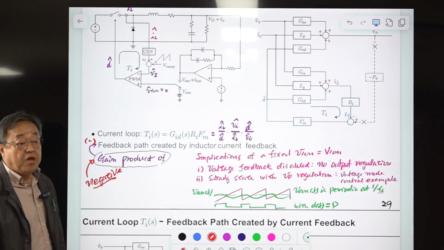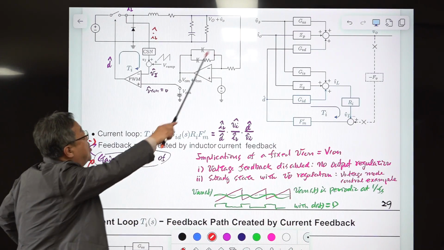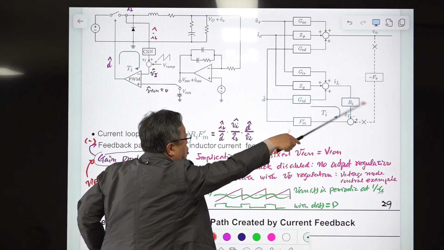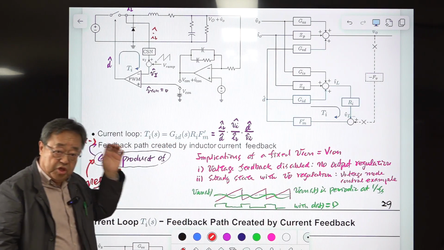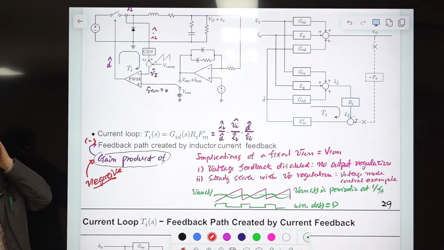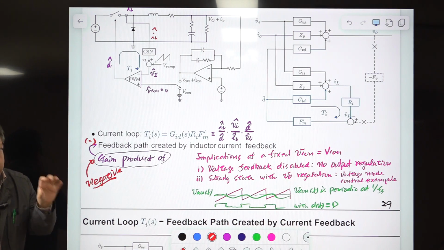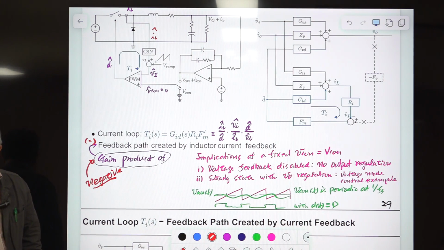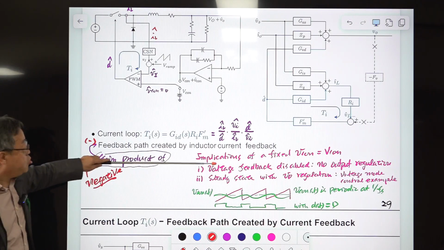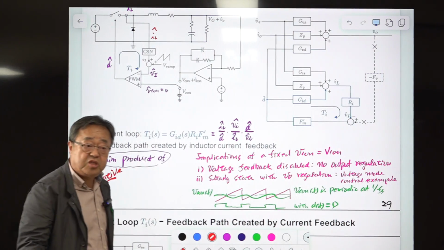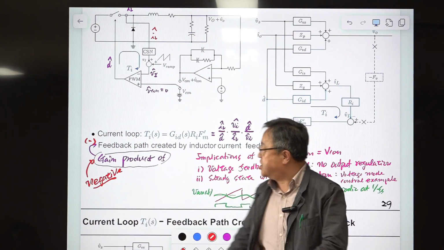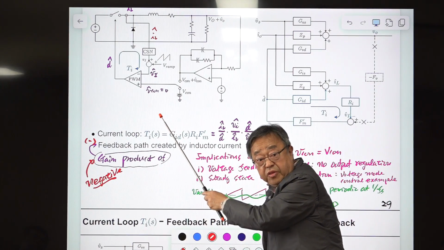Sometimes, with this voltage feedback and the output voltage regulated, some industry people use the fixed control voltage. But the control voltage is never fixed unless in this situation.